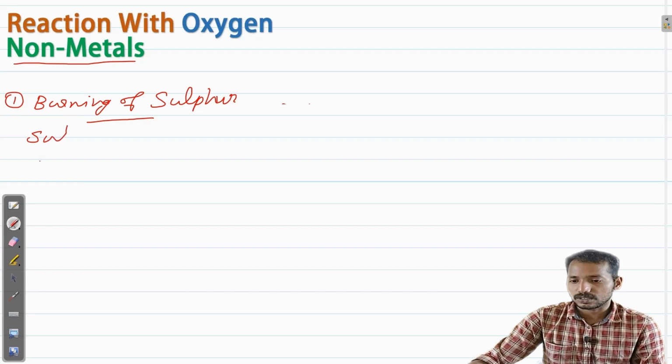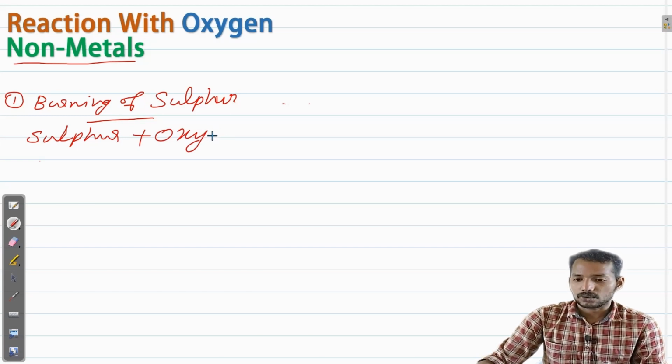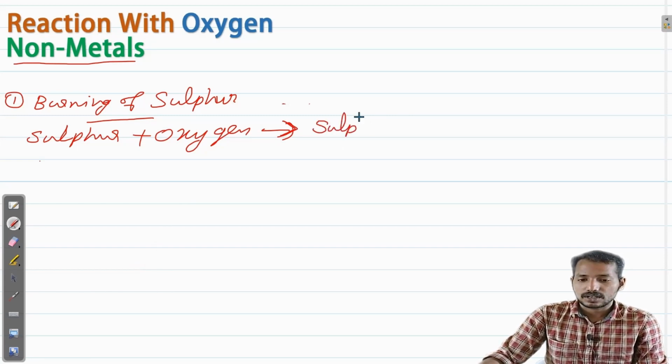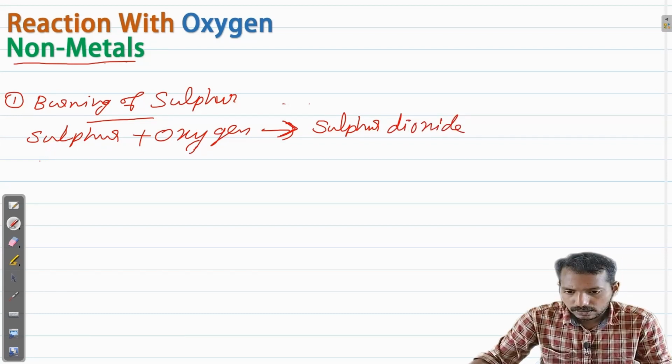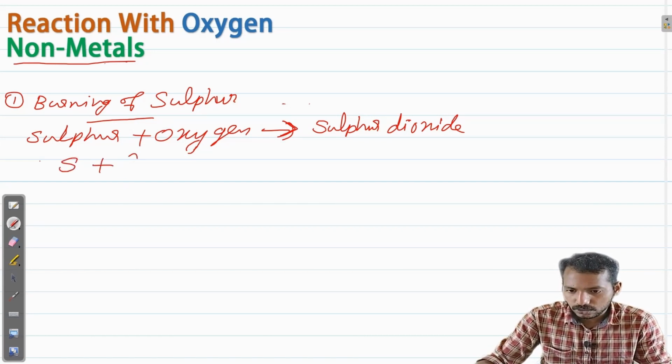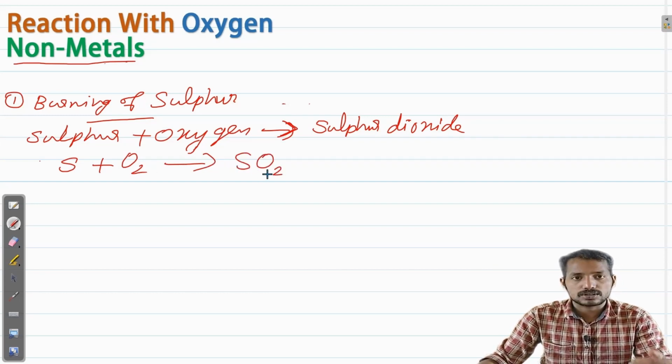Sulfur plus oxygen, because burning is actually a reaction with oxygen. What will we get? Sulfur dioxide. That is a non-metal oxide. We can write it in symbolic form: S plus O2 gives sulfur dioxide. Two oxygens are there, because of that it is called sulfur dioxide.